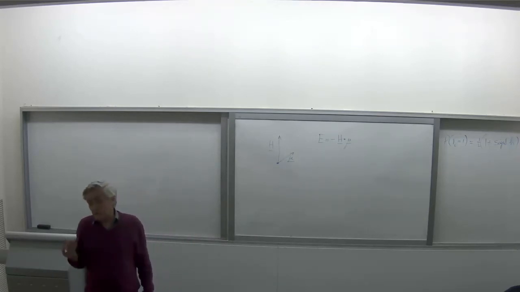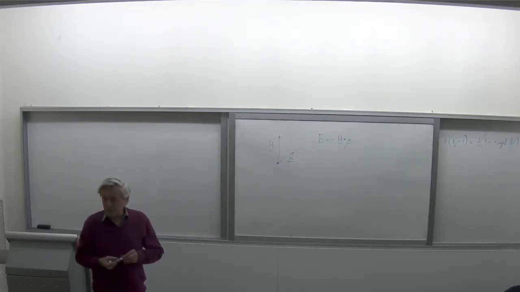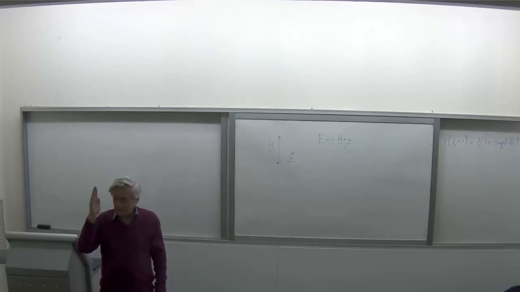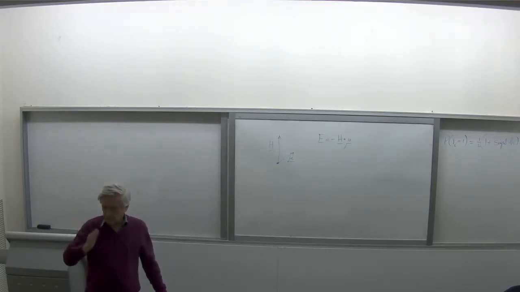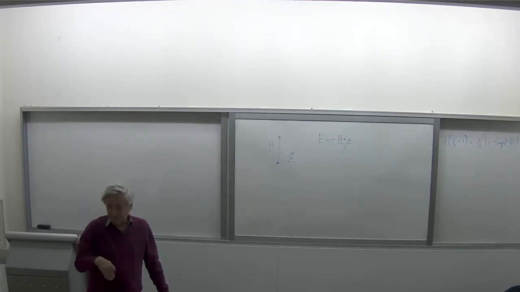That tells you that the lowest energy is when the needle is in the direction of the field, the highest energy when it is anti-parallel to the field, and the classical magnet can be anywhere between.